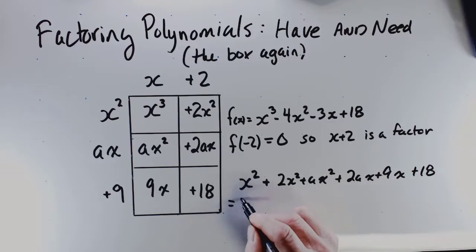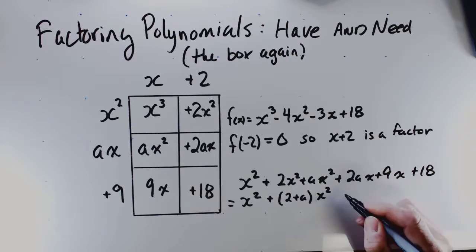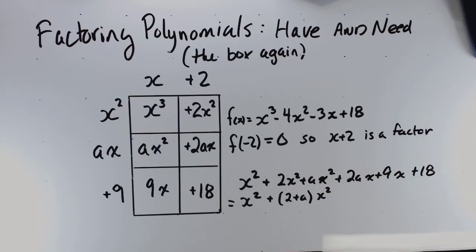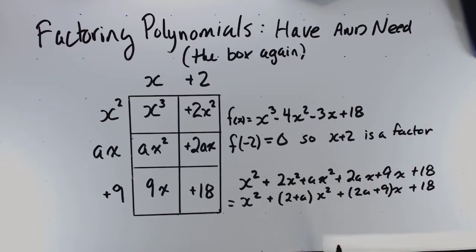Okay, I'm going to do a little bit of factoring here. Now, interestingly enough, just one of these is enough for me, based on the have and need method, to find out what a is.